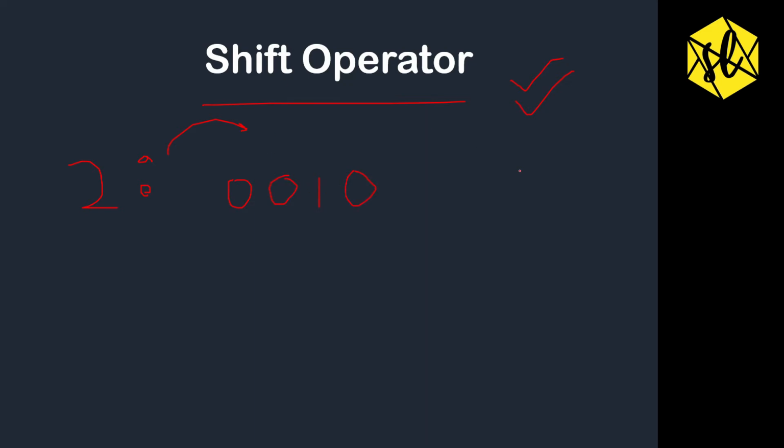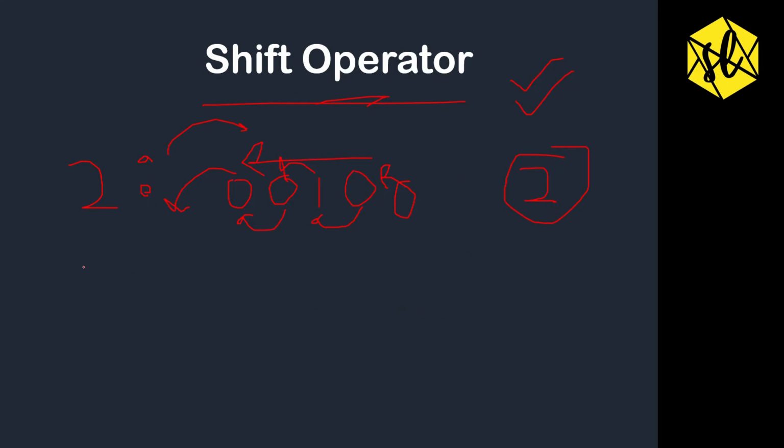So if we shift using the shift operator by two values, then shifting to the left means this 0 will be here, this 1 will be here, this 0 will be here, and this 0 will drop, and again here a 0 will be added. So this is the operation of the shift operator.